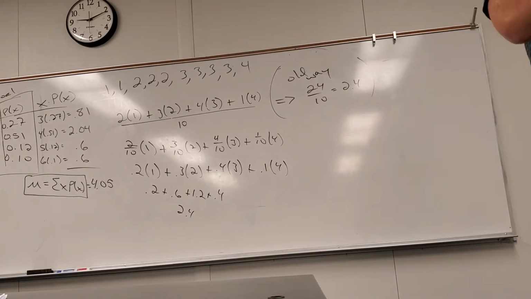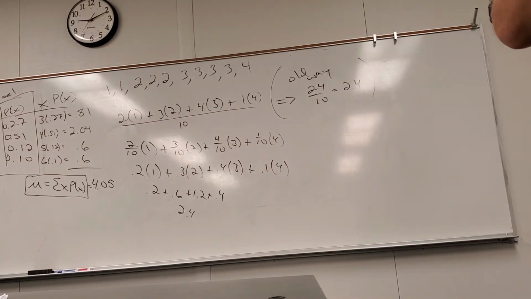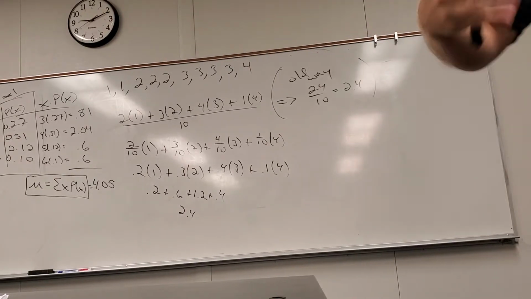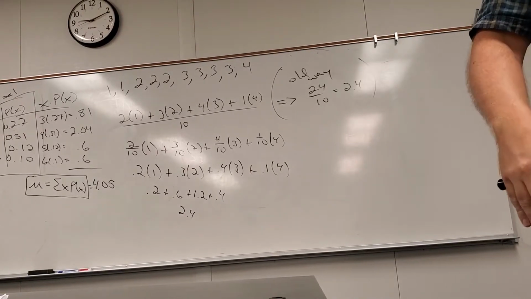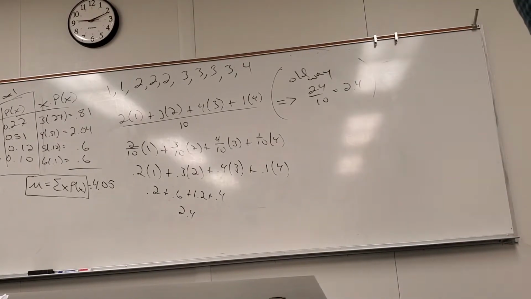So doesn't it make sense? Another name for the mean is expected value. Doesn't mean we expect it to always happen. It's just that it's the best guess. It's the thing I expect to happen the most. You guys kind of with me? So when you see that phrase, expected value, they are talking about the mean.